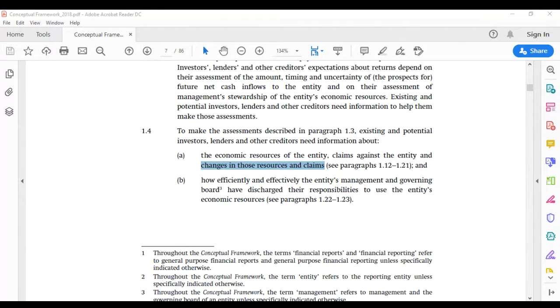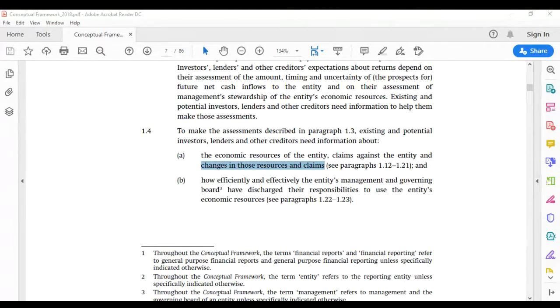What else can cause a change in your resources? How else can you get money, or how else can money go out of your entity, out of your company? Due to transactions with your shareholders. If you issue shares, you get more money in. If you distribute your profits for the year, your retained earnings, that means it changes your resources.